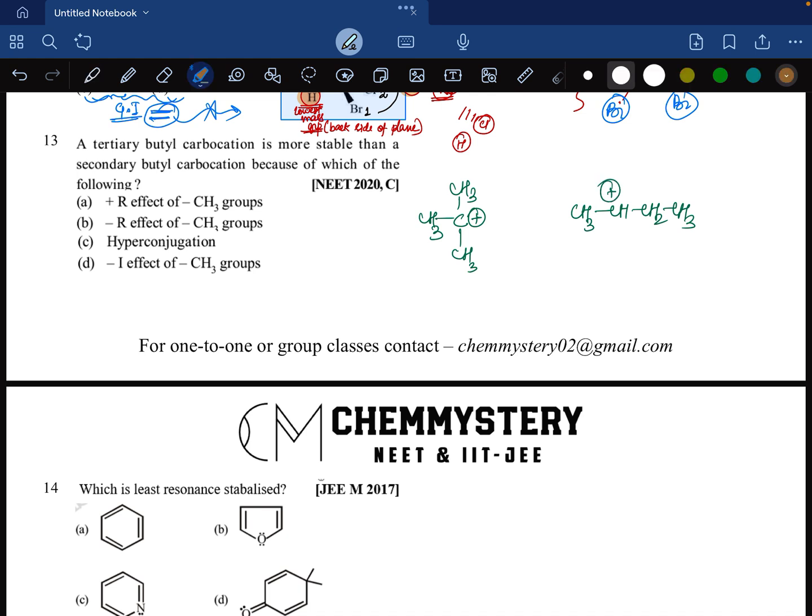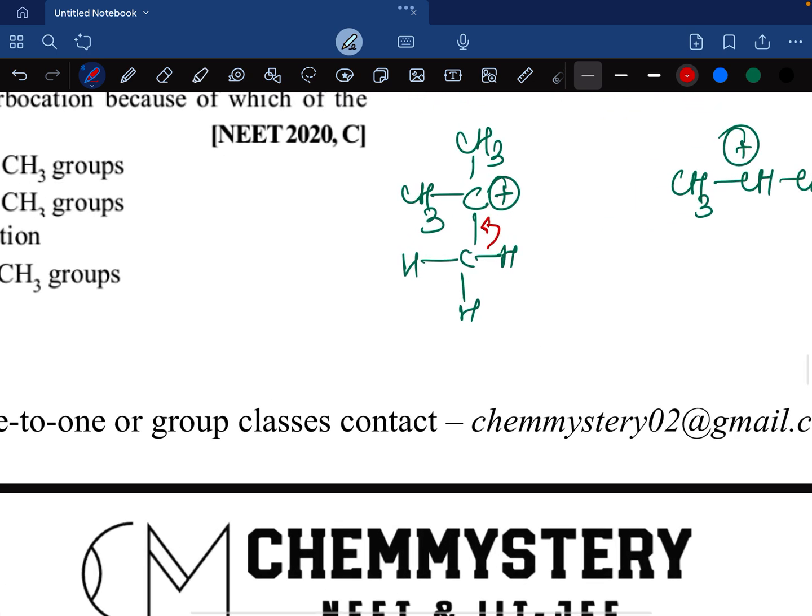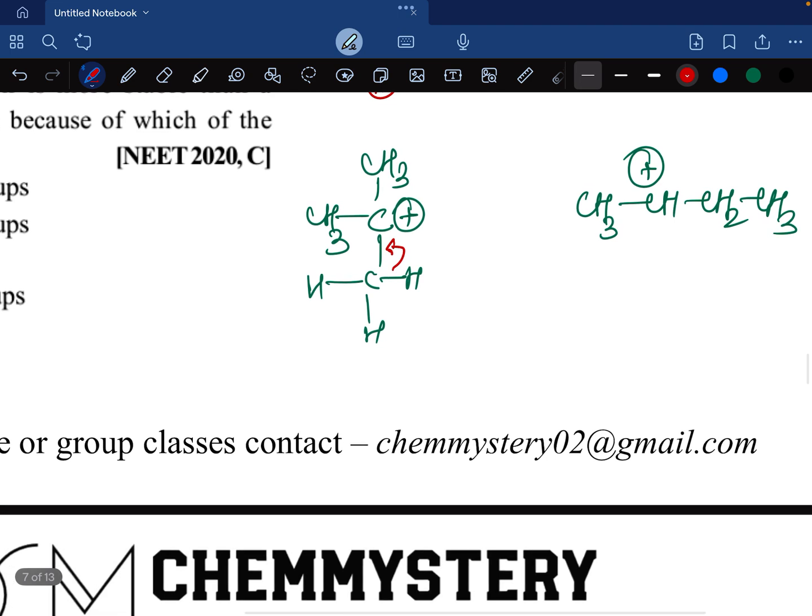How does the stability work? If I show one side, this is H, H and H. To minimize the electron deficiency, the sigma bond between carbon and hydrogen shifts. As it shifts, finally what I get is C, CH3, CH3, double bond CH2 and H positive.